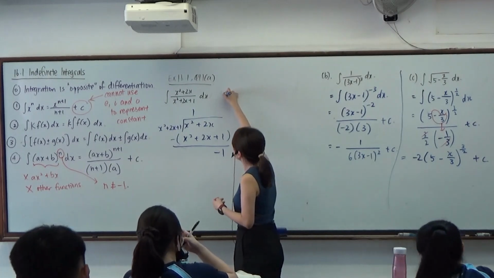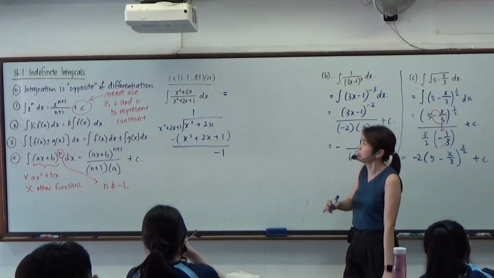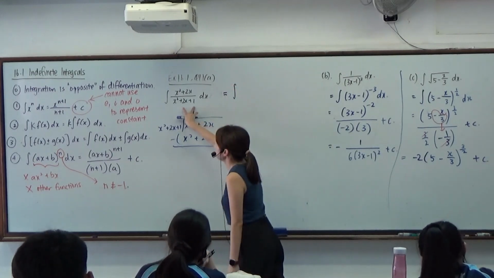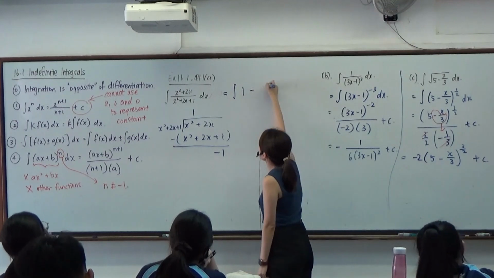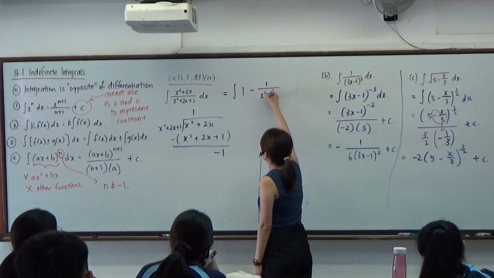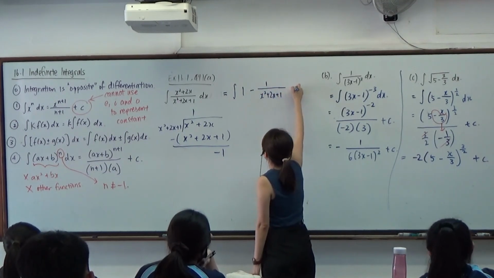So therefore, in integrating this, our fraction here can be re-expressed as 1 whole minus away the remainder, and then the denominator, like that.